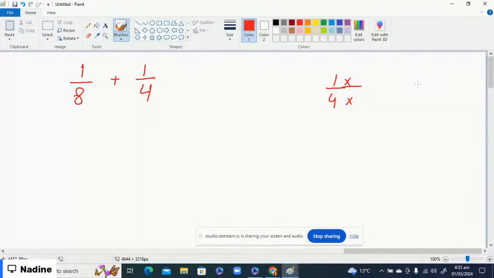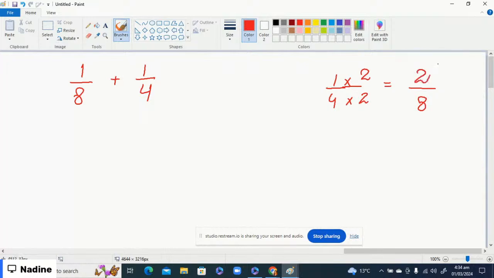Now here is 8. We are going to multiply and divide with the numbers to make the equal denominator 8. So which number we are going to choose to multiply with the 4? We are going to multiply with 2, both of it, because 4 times 2 is 8 and 2 times 1 is 2.